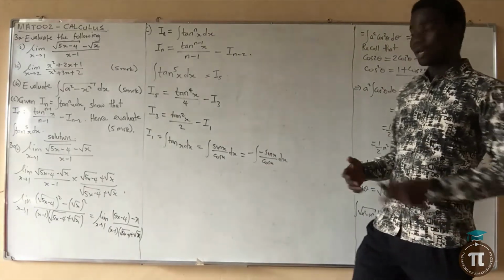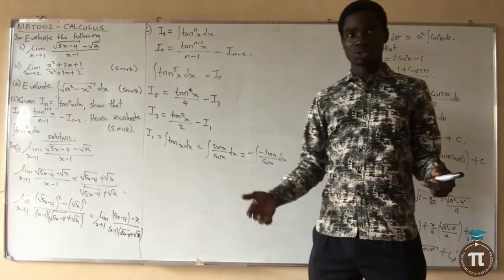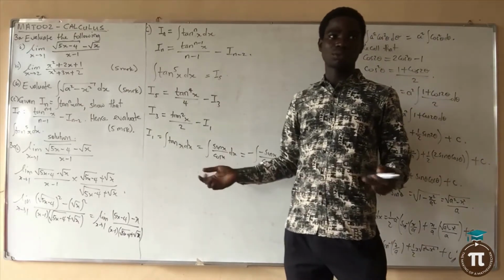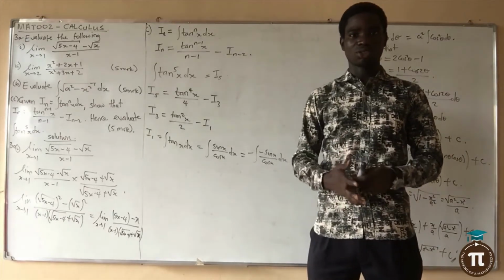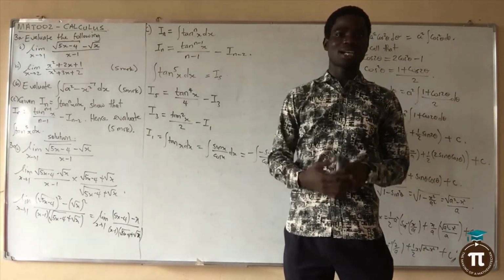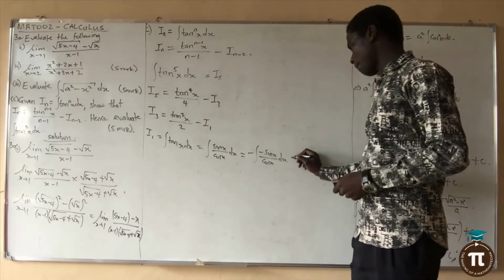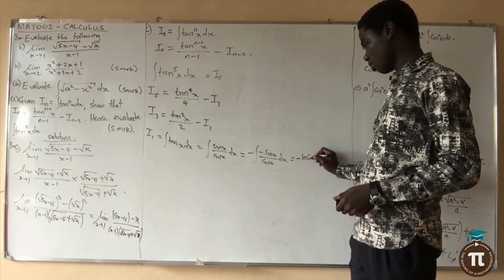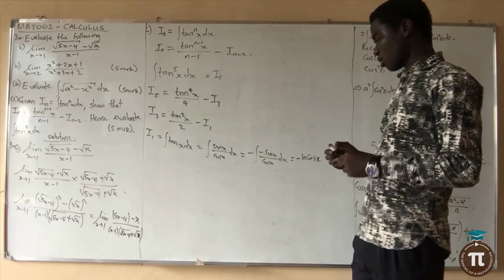Or better still, you can just use a substitution method. You let u be equal to cos x, then you differentiate and do normal integration by substitution. You are going to still obtain the same answer. Now I have minus ln cos x.